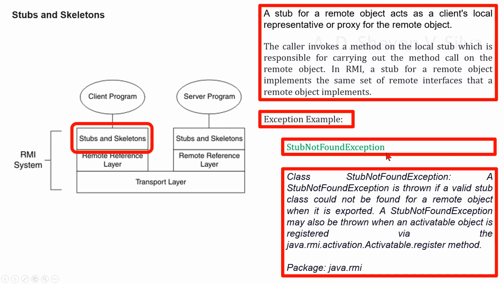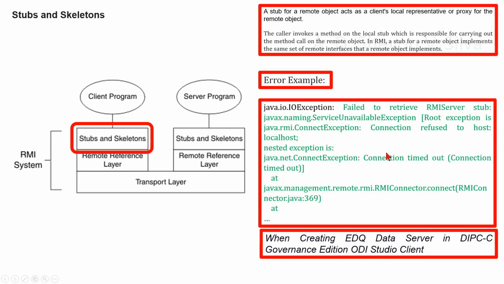A StubNotFoundException may also be thrown when an activatable object is registered via the java.rmi.activation.Activatable.register method. This exception is in package java.rmi.